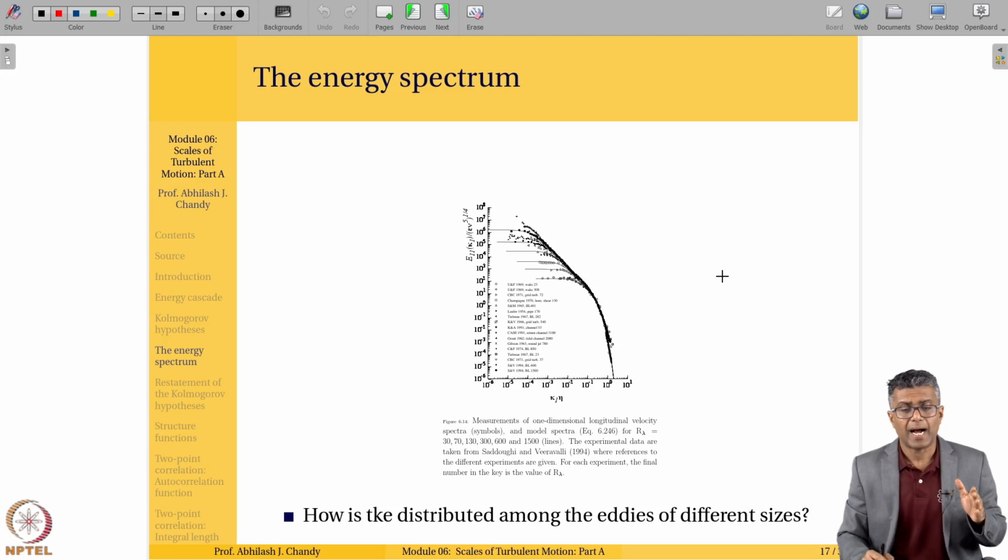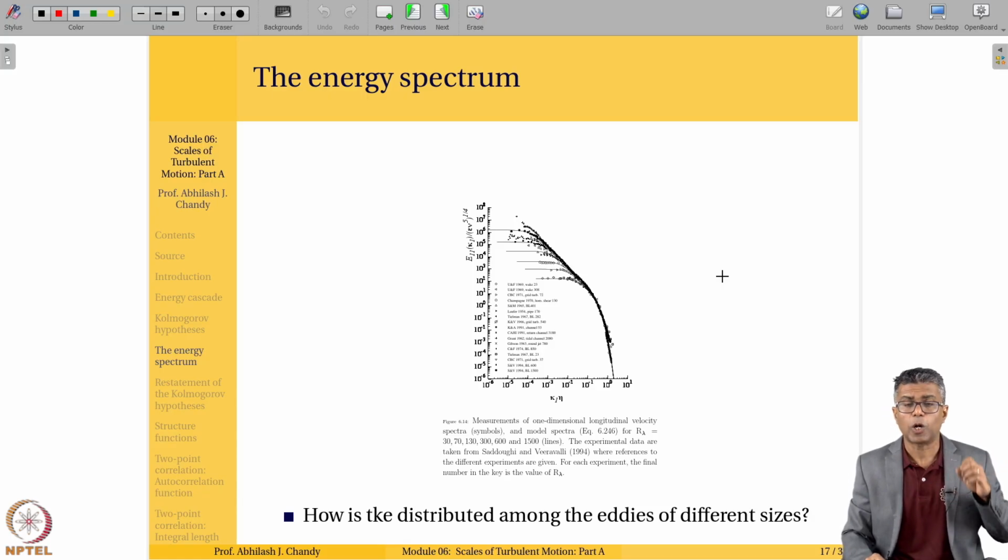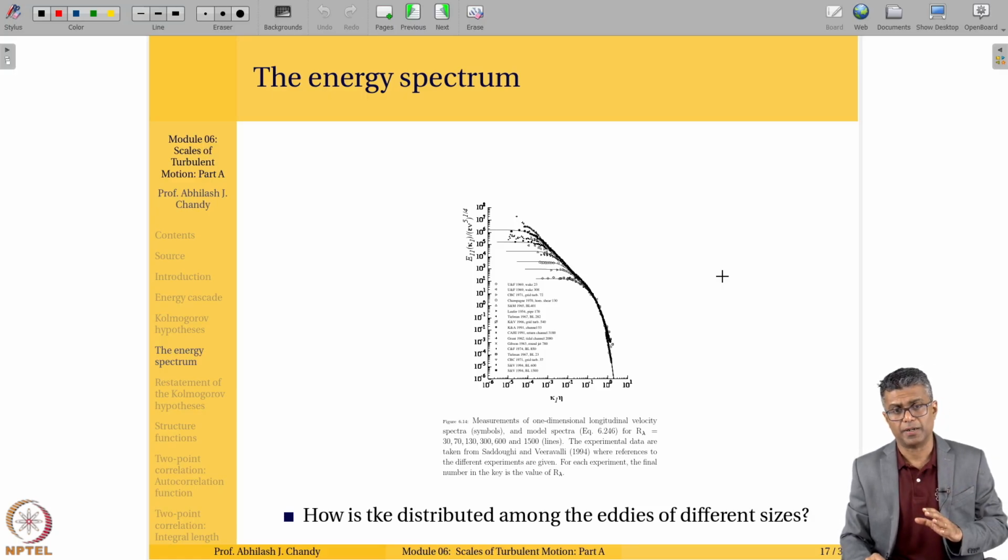One, on the y-axis I have the energy spectrum, which is scaled with some appropriate variables. It looks like it is scaled with epsilon and nu. Why that is the case, we'll come to that later. And on the x-axis, I have the wave number, again scaled with the Kolmogorov scale.